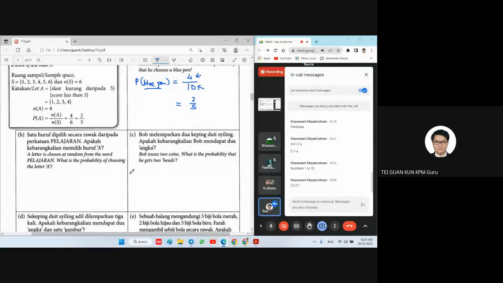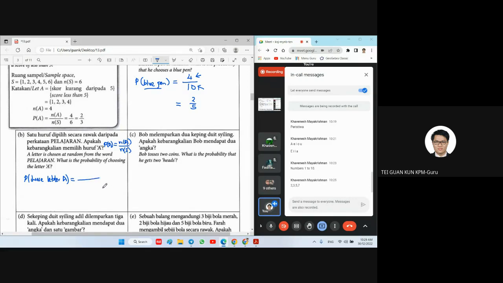B. A letter is chosen at random from the words pelajaran. What is the probability of choosing the letter A? So, probability choose letter A is equal to formula tadilah, probability of A bilangan A bahagi dengan bilangan sample space.